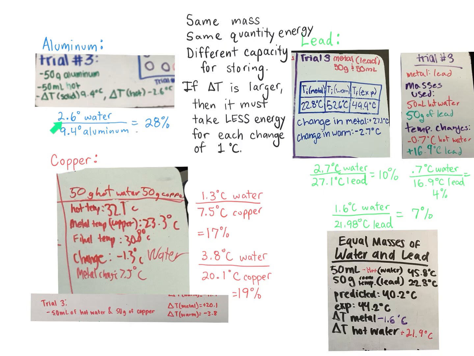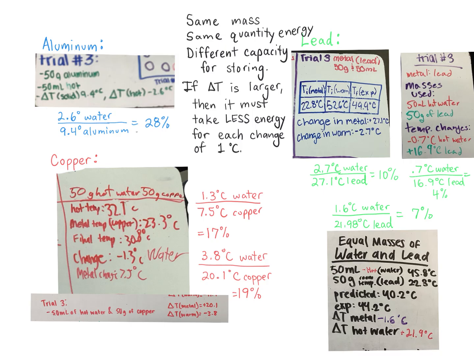So for every 2.6 degrees temperature change for water, aluminum changed 9.4 degrees. So that tells me aluminum's heat capacity could be around 28% that of water. Now, I'm not sure that's exactly going to be perfect, but we're just trying to rank or compare aluminum, copper, and lead.